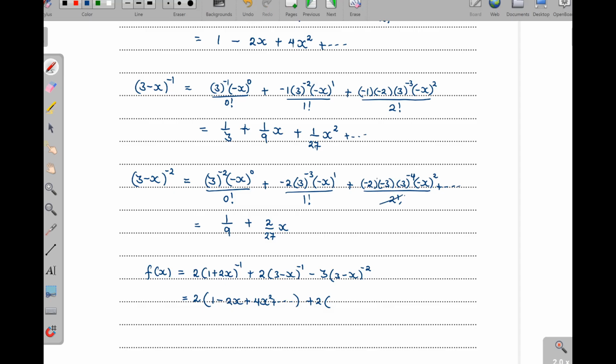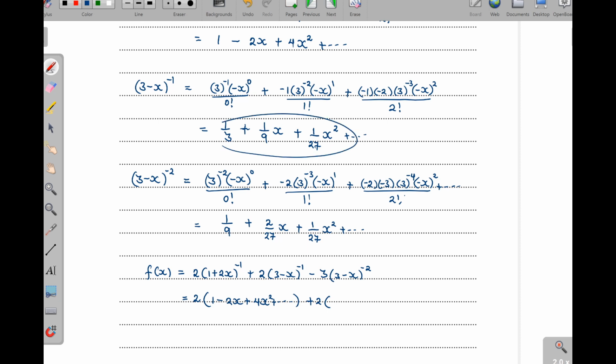But these 2 will cancel with that. Then we have 3 here times, I think this one is going to be out of 3 power 4. Then we shall get 1 over 3 power 3, which will be a 27. Not so? Or you can put everything in a calculator, no problem. So plus, this one will be 1 out of 27 of x to the power of 2, like that.